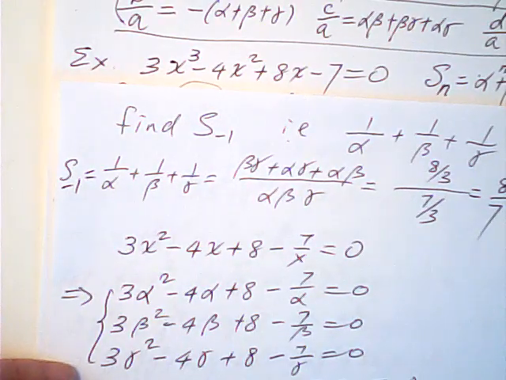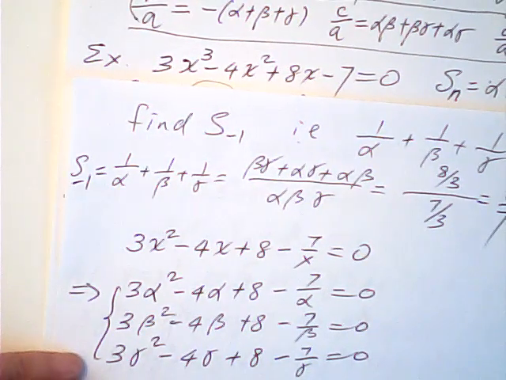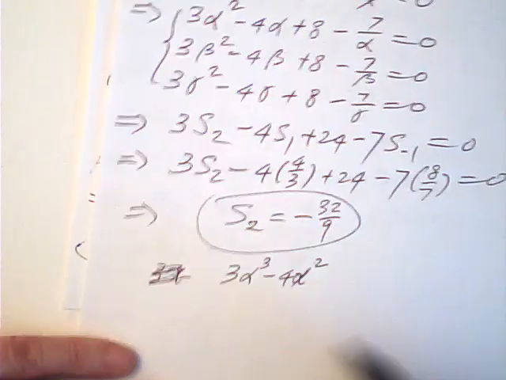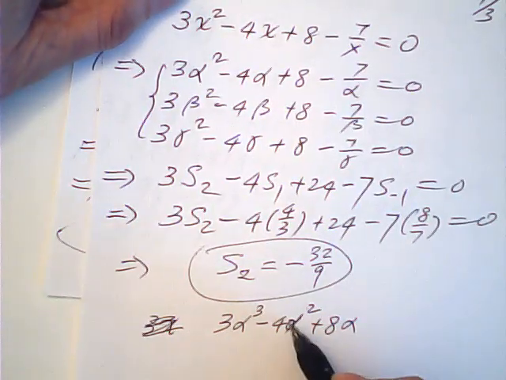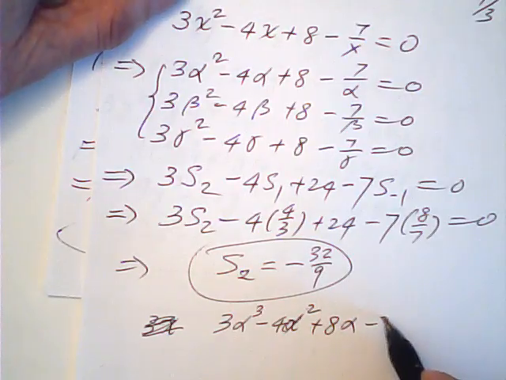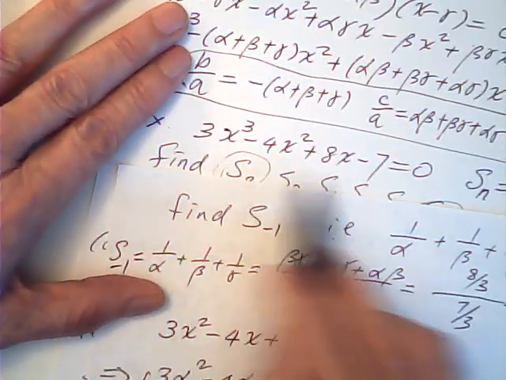Therefore, 3 alpha cubed minus 4 alpha squared plus 8 alpha minus 7 equal to 0, right? Because alpha is a root.